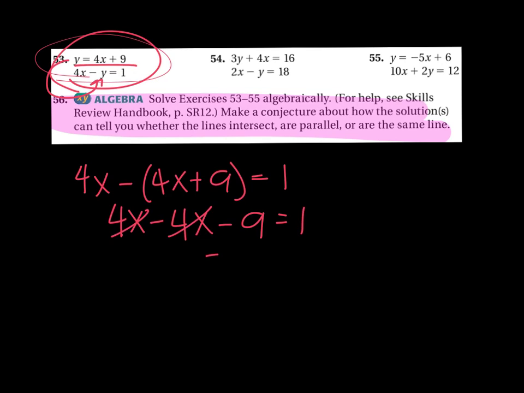And these cancel, and I get negative 9 equals 1. So what kind of an answer is that? No solution, okay?